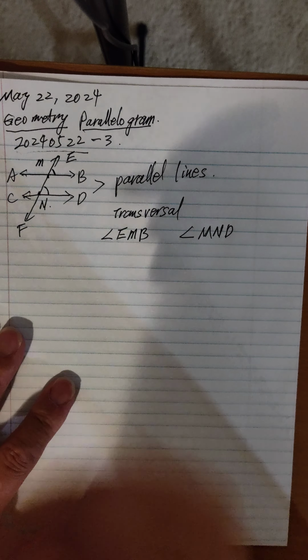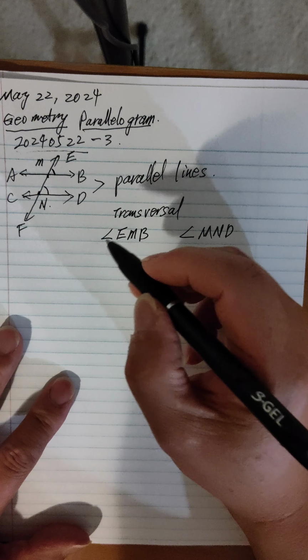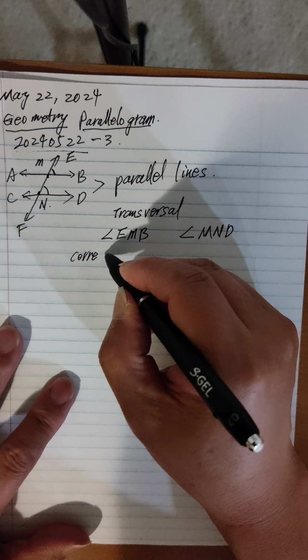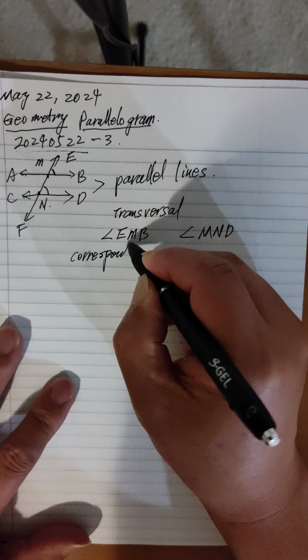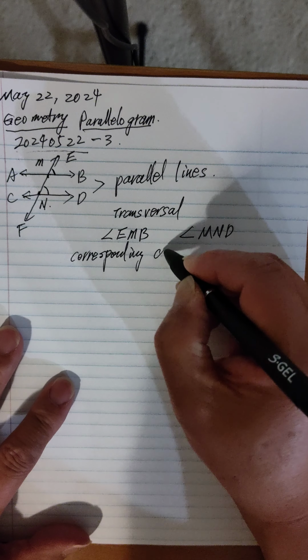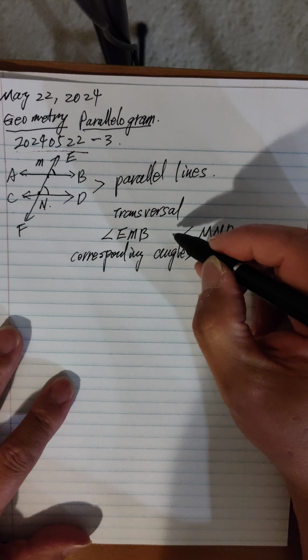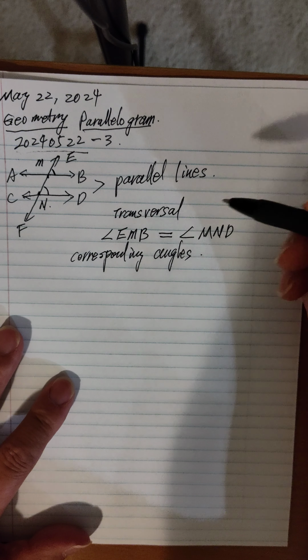Those two angles are called interior. Oh no, I'm sorry. They are called the corresponding angles. And the corresponding angles are equal.